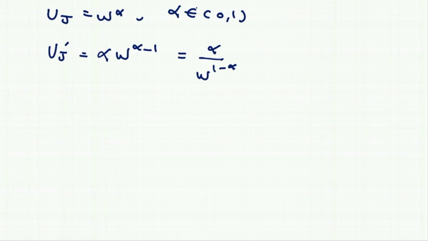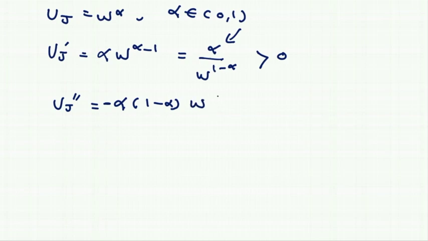And obviously, because alpha by condition given here is between 0 and 1 exclusively, then the whole expression that we get here is positive. And we need to find the second derivative of James' utility. So this becomes very simple. Alpha, and then you look here, 1 minus alpha minus, because it's equivalent to alpha minus 1. Yeah? And W to the power of alpha minus 2. It can also be rewritten as this: 1 minus alpha over W to the power of 2 minus alpha.